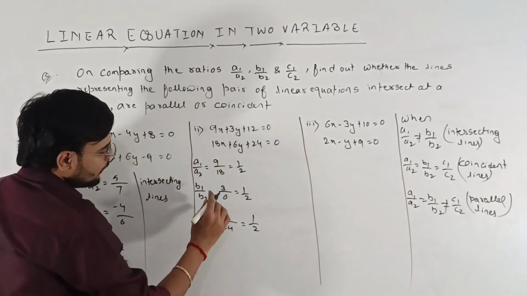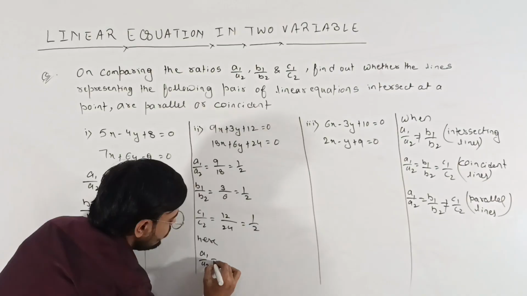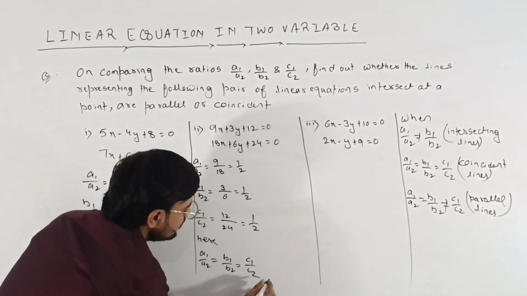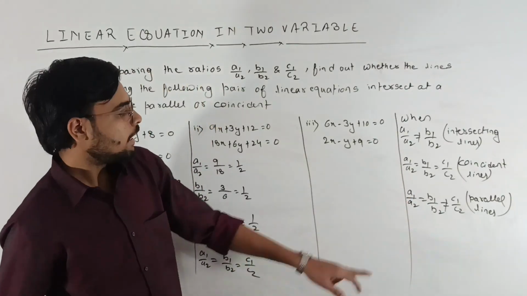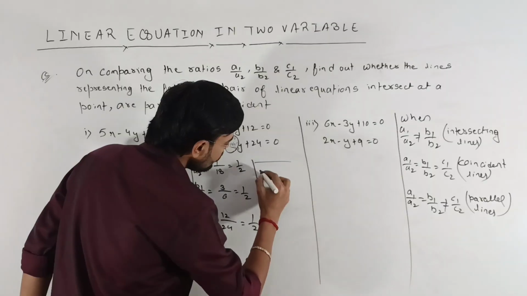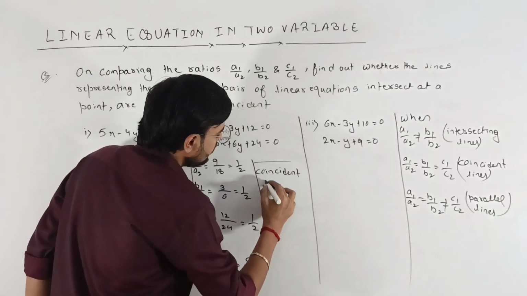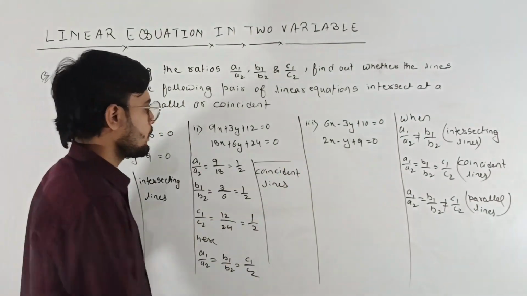Now look, these are all equal. Here a1 upon a2 is equal to b1 upon b2 is equal to c1 upon c2. In this case, when these three are equal, the graph is coincident lines.